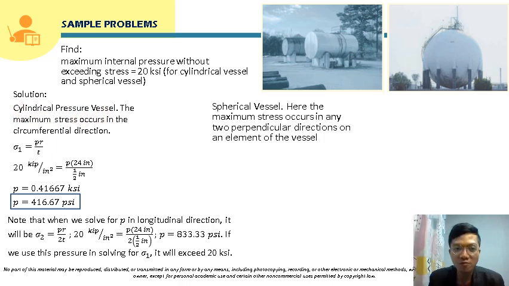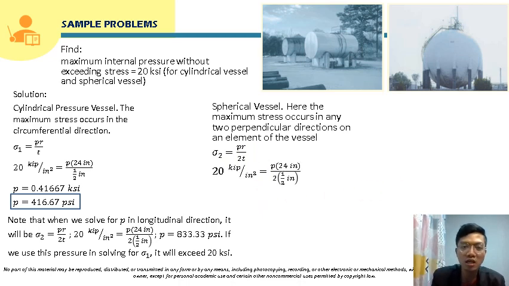Now, what if the vessel is a spherical vessel? If it is a spherical vessel and we are going to solve for the stress, here the maximum stress occurs in any two perpendicular directions on an element of the vessel. So it will be maximum if we cut the spherical vessel in half. The formula for this will be PR over 2T.